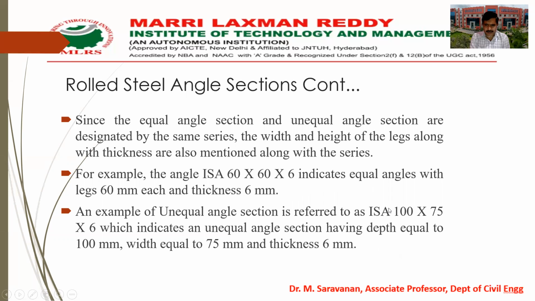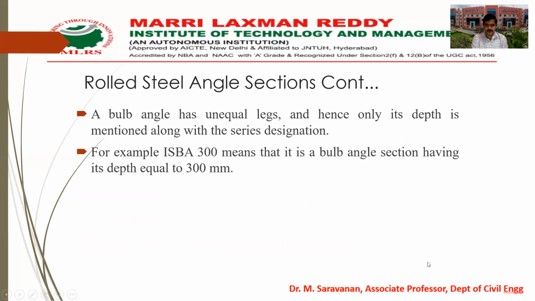In an unequal angle section, the legs are different, 100 mm by 75 mm by 6 mm. This indicates the depth is 100 mm with 75 mm, and the thickness is 6 mm. A bulb angle is an unequal leg angle, and only its depth is mentioned along with the series, ISBA 300, which means the depth of the angle is 300.